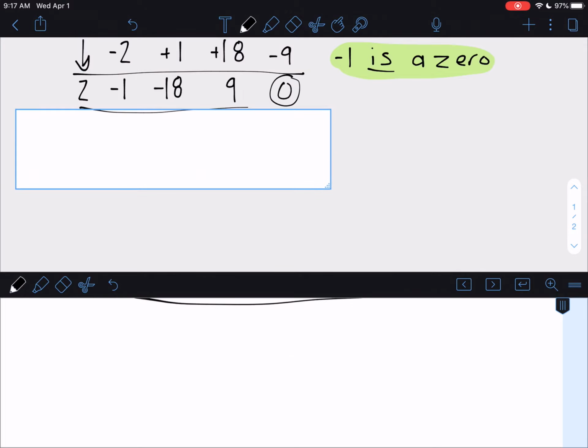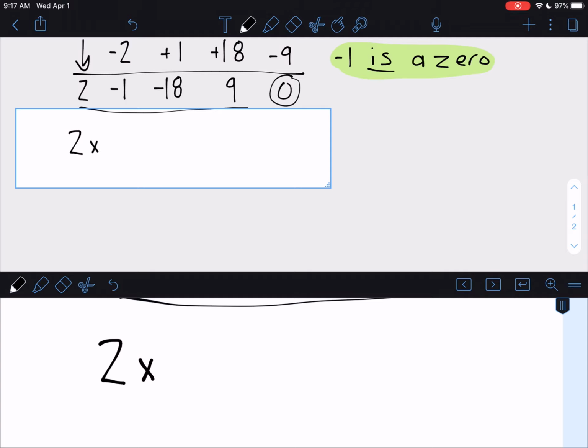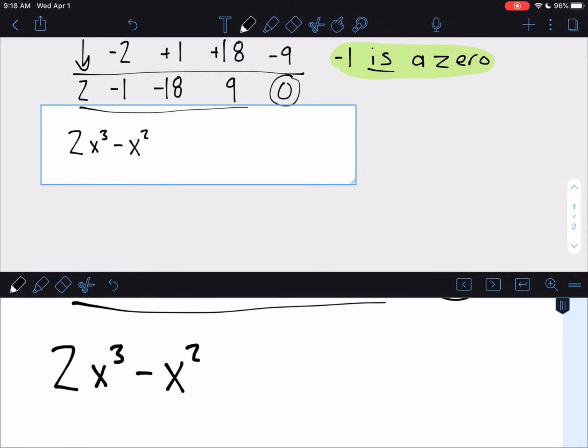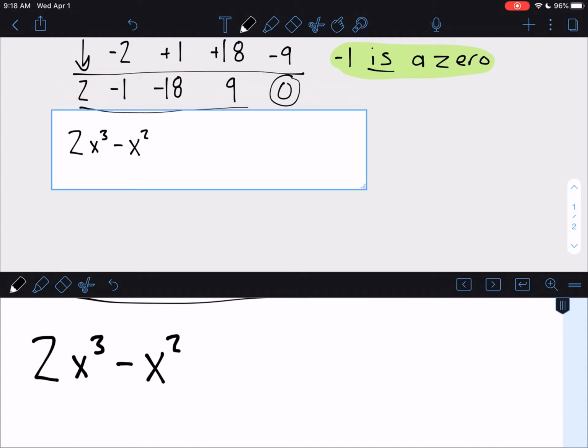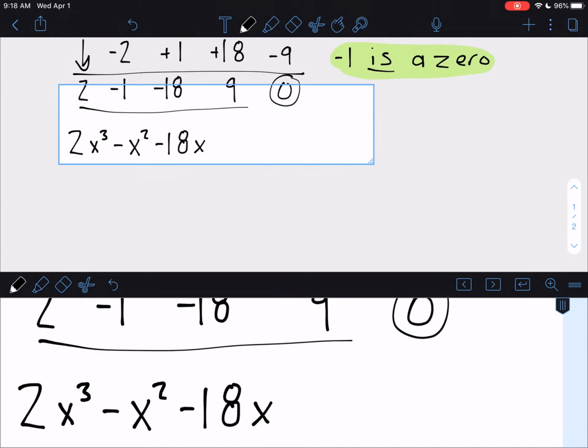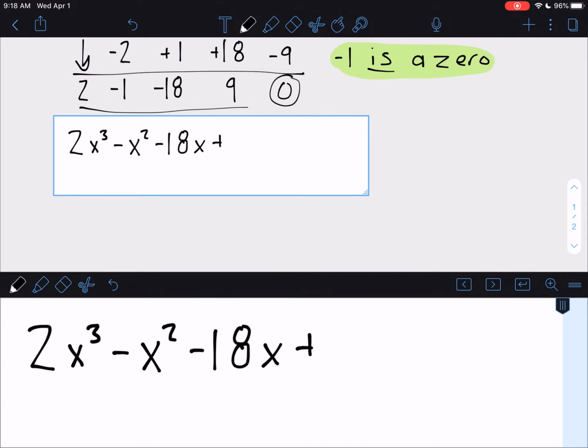So since I'm still looking for 3 zeros, because we said there were 4 and I found one of them, this is going to be 2x to the third. And then I have minus 1x squared. Then I have minus 18x and plus 9.